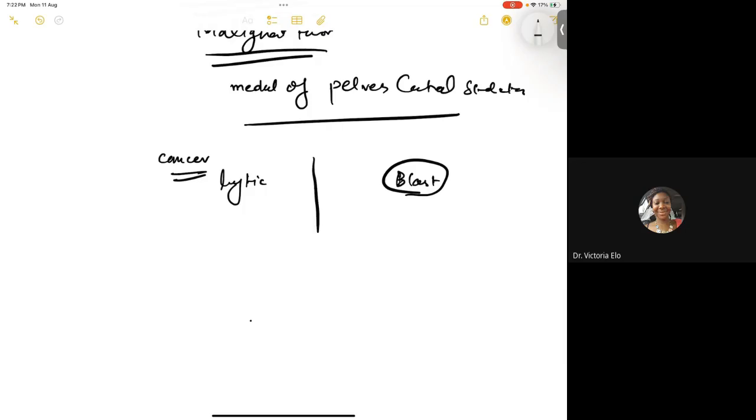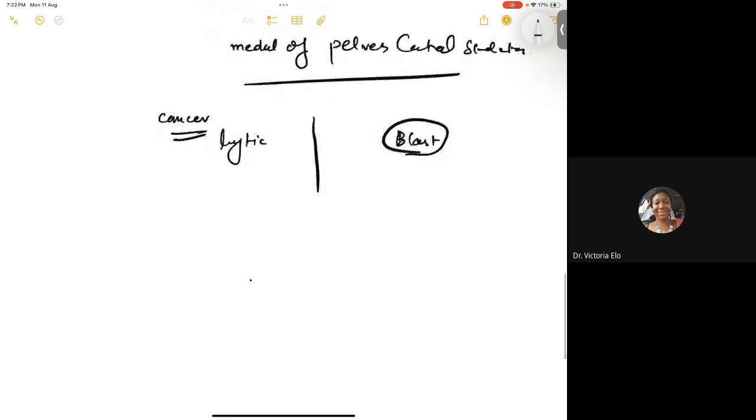Some tumors can lead to outgrowth of the bone, that is extra bone growth, while osteolytic basically means that if some metastatic tumors metastasize to your bone, they can lead to osteolytic lesions. That is, they can eat down your bone, so we are going to have punched out lesions.